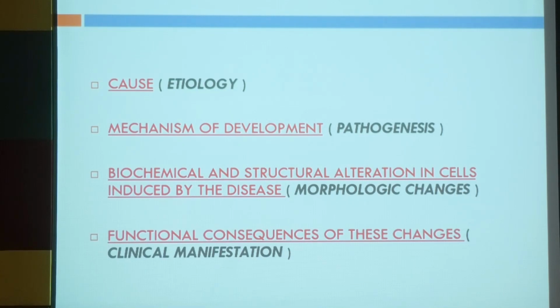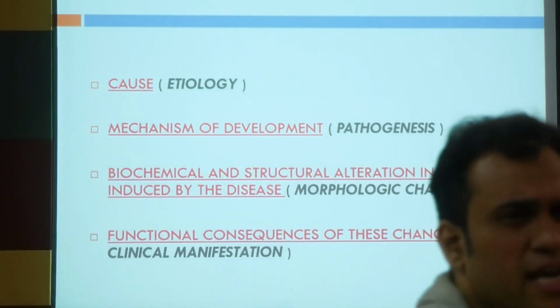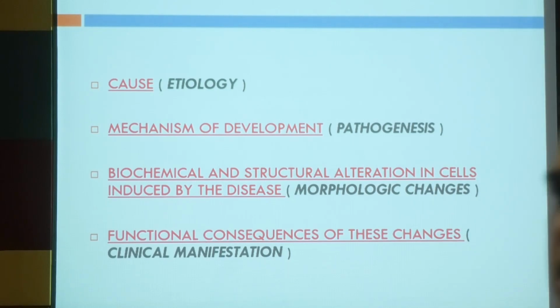For example, cystic fibrosis. In cystic fibrosis, we know the mutant gene which causes it, but that is not enough. You must also know the biochemical and the morphological alterations that take place. What causes the cysts in the lungs and pancreas and various other organs.